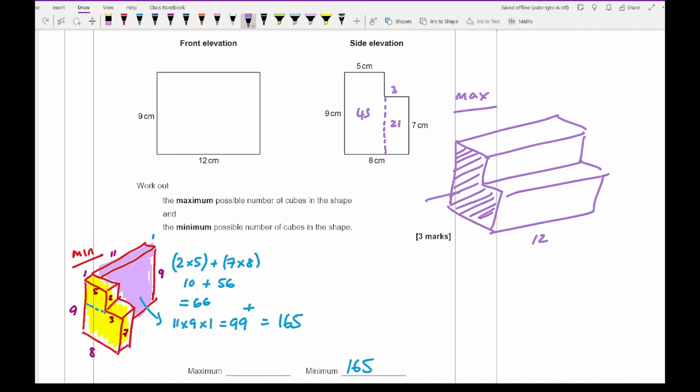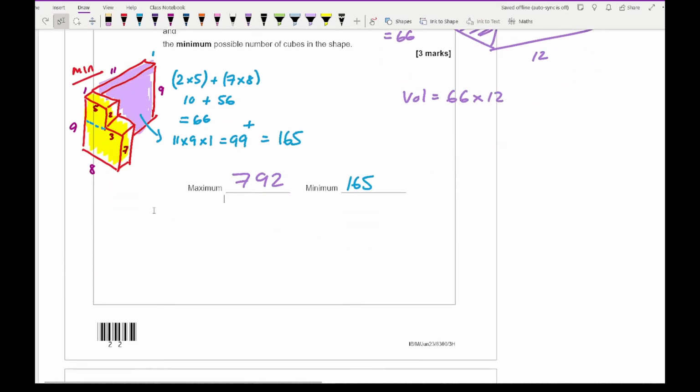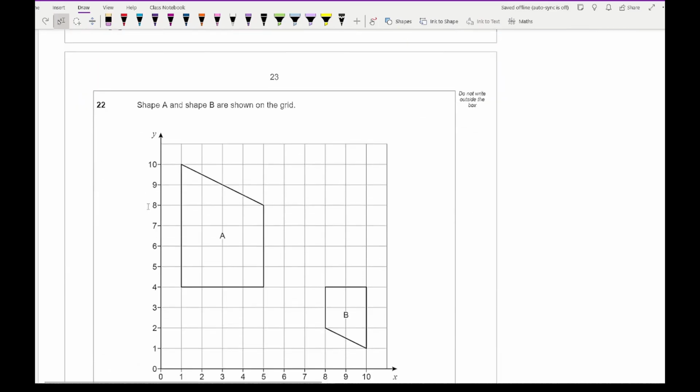So this area here is going to be 45 plus 21, which gives me an answer of 66. So here the volume is going to be 66 multiplied by 12, which if I type that into my calculator gives me an answer of 792. So the maximum value is 792 and the minimum is 165.